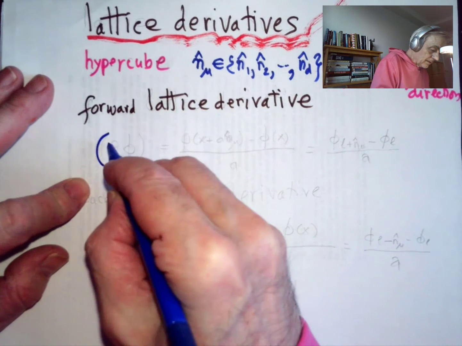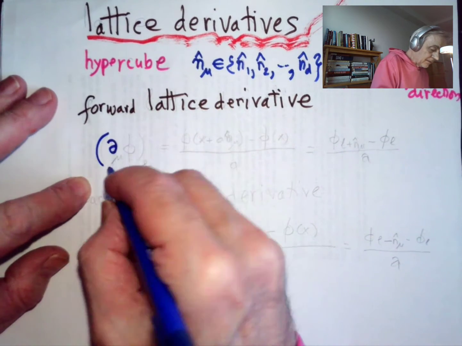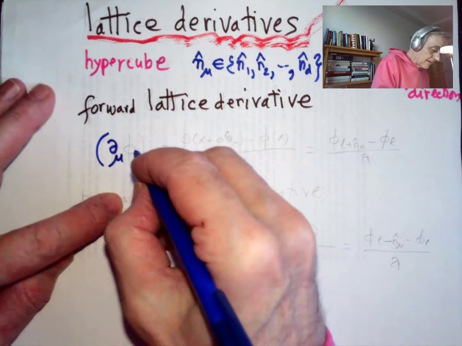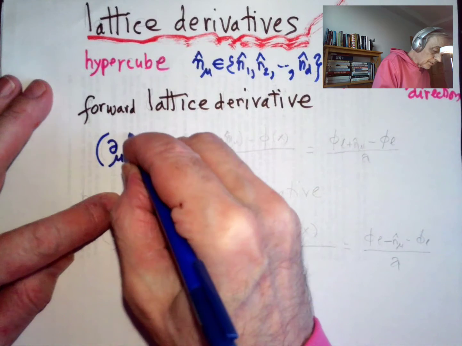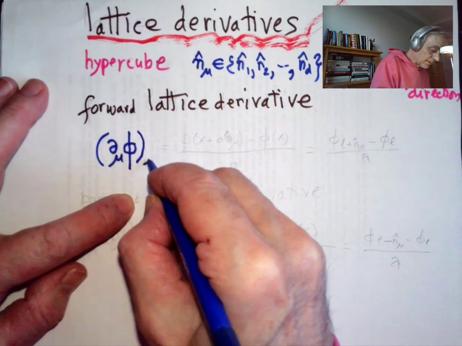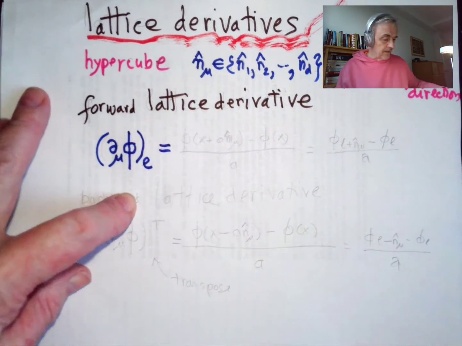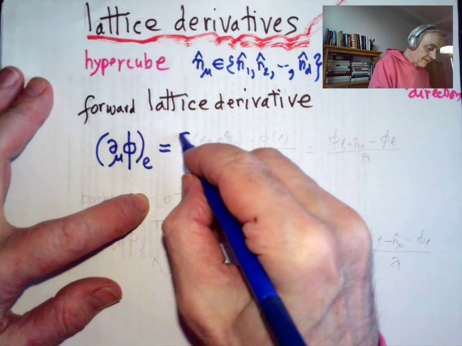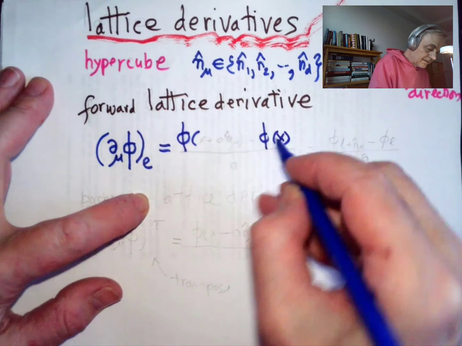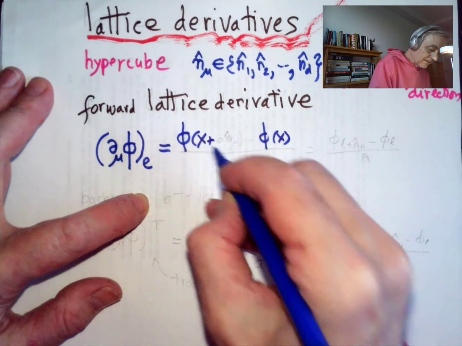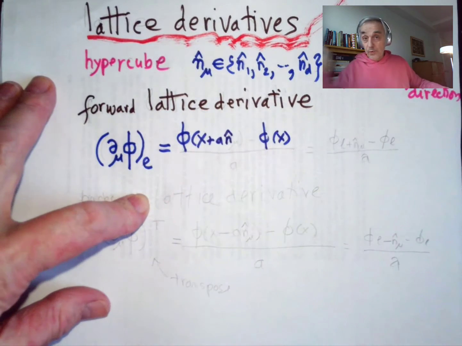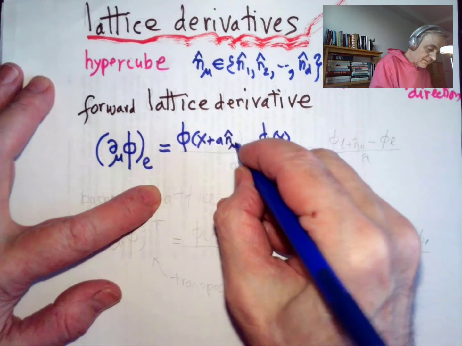So the derivative in direction mu, which is 1, 2, 3 in 3 dimensions, of our continuum field, but evaluated at lattice point L, can be defined as the field at a lattice point compared to the field one lattice spacing away in a mu direction, let's say first direction.